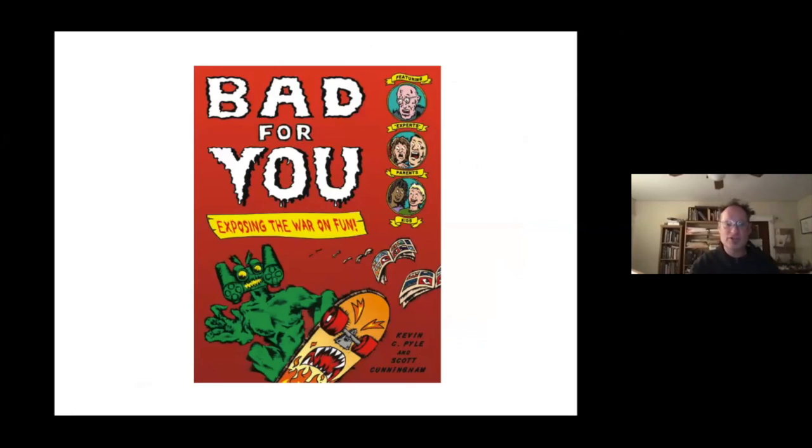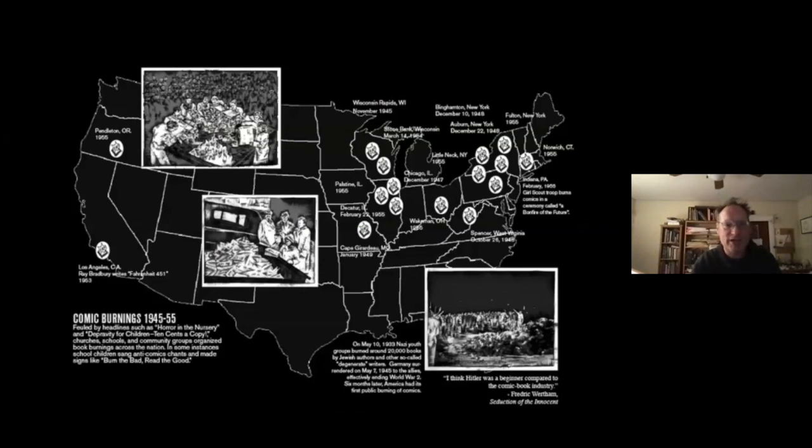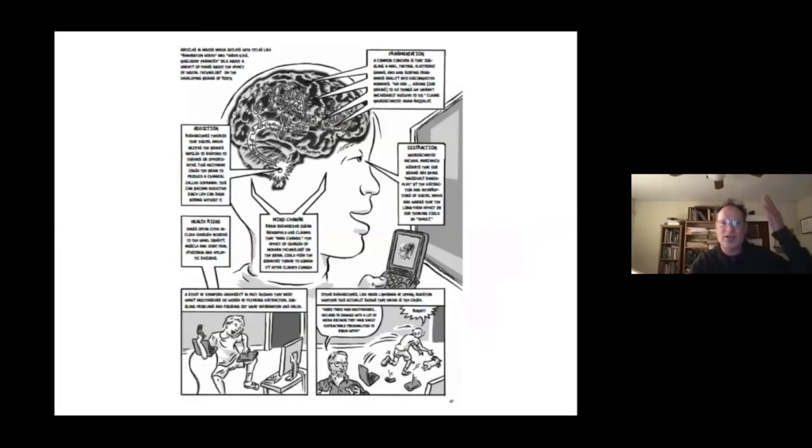Now, Bad for You is a book about what we call moral panics. For instance, there's a map about the comic burnings from 1944 to 55. And there's a section about the fears over texting. So I can use a cutaway brain thing to show different fears over digital technology, hooking them up with different parts of the brain.